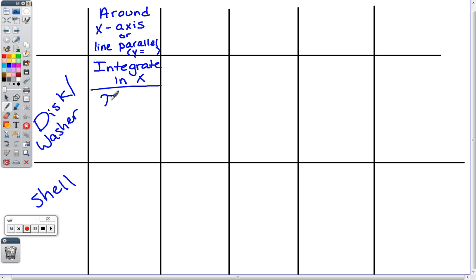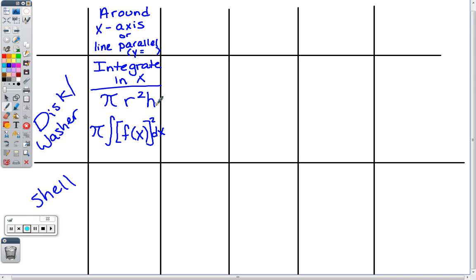Pi r squared, which is going to make it pi times the integral of f of x squared dx, right? The height is dx.